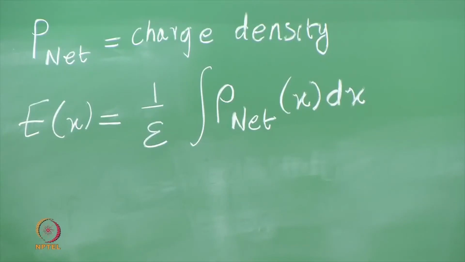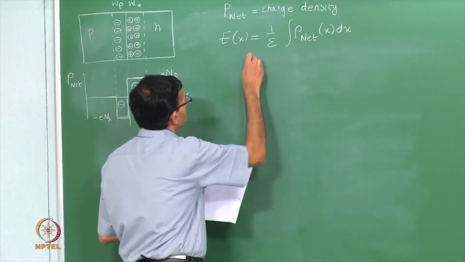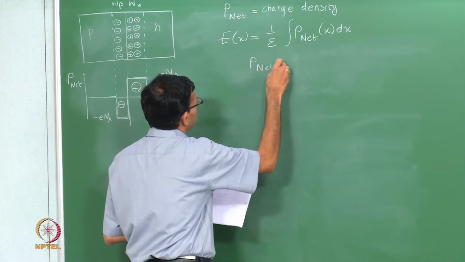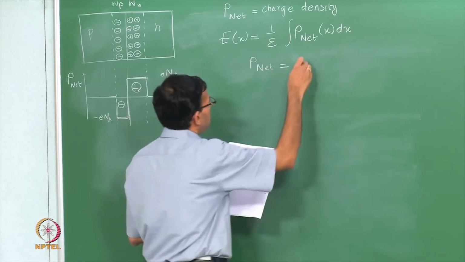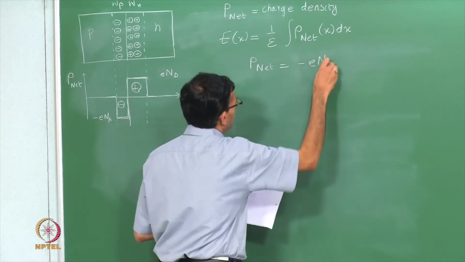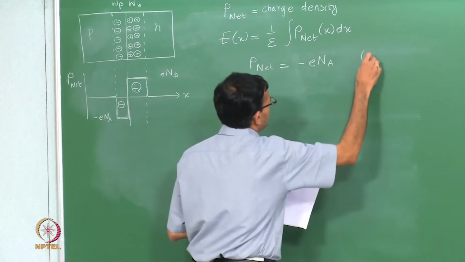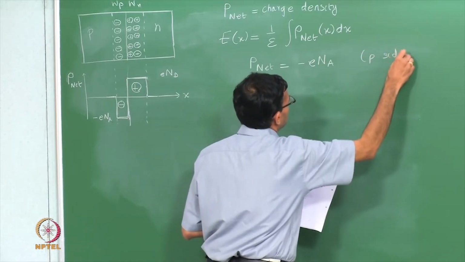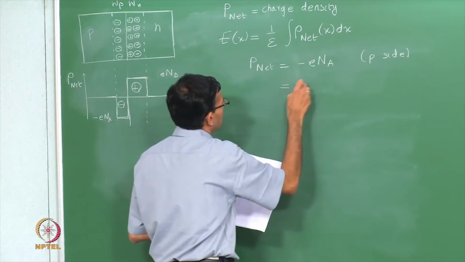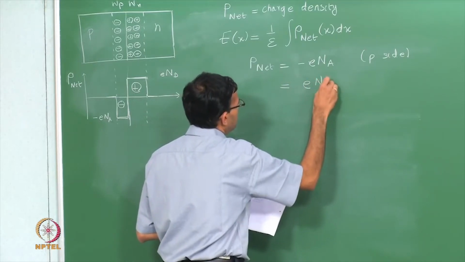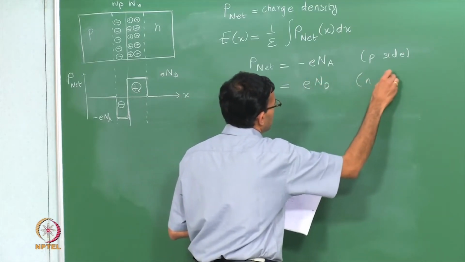We just said that the charge density is a delta function and it is a constant. So, rho net is equal to minus E N A on the p side, and it is equal to E N D on the n side.